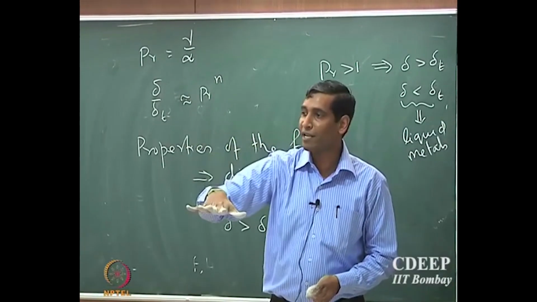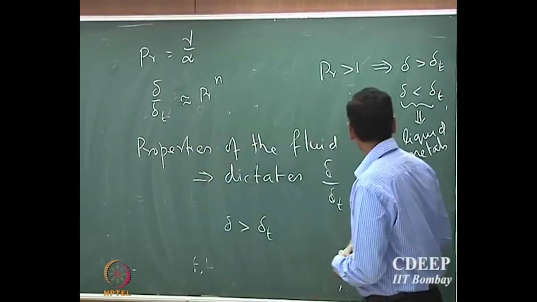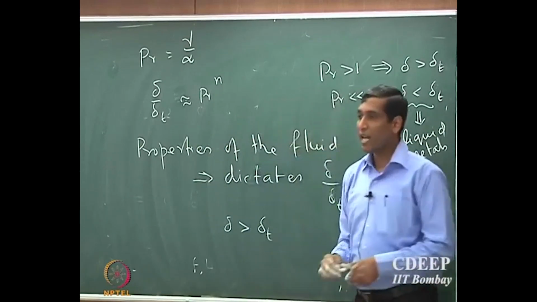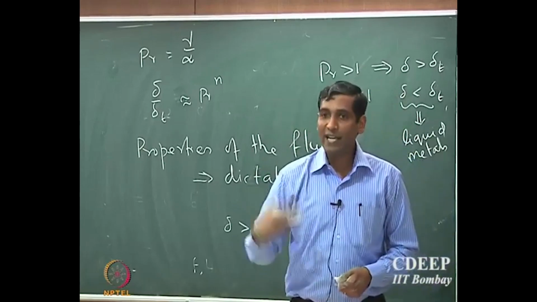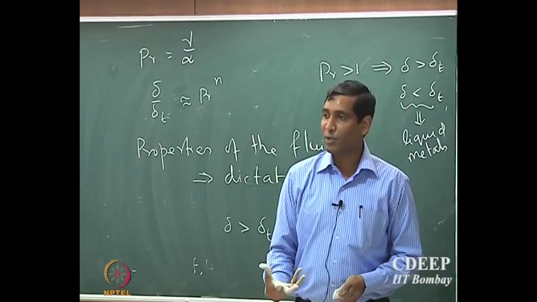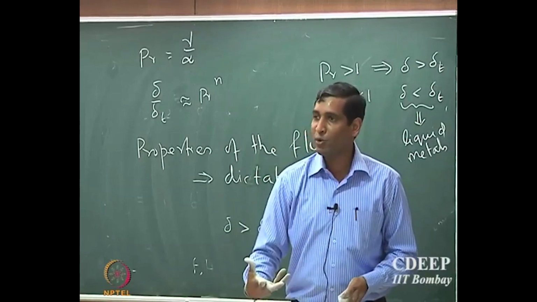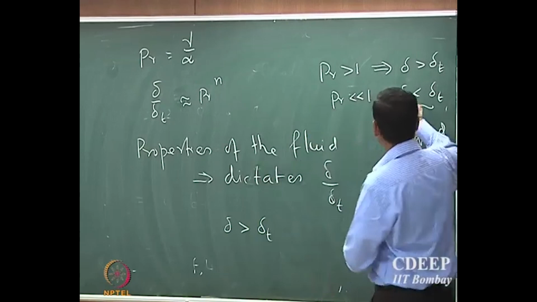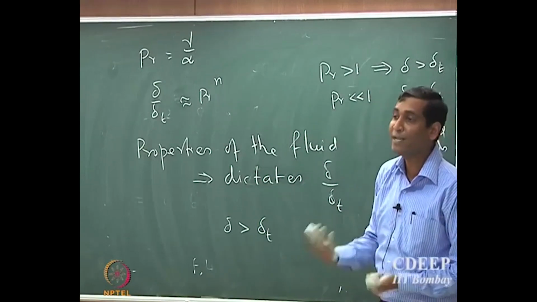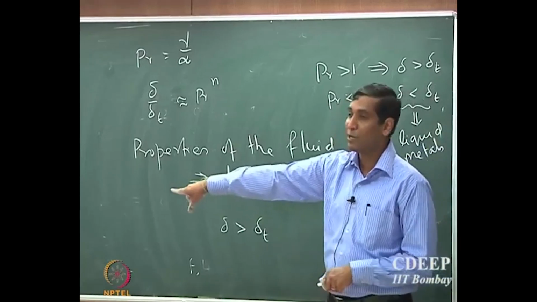So you have a liquid metal present. In those cases you will see that the Prandtl number is much smaller than 1. So there the heat transport process is completely different, because the momentum boundary layer thickness is going to be smaller than the thermal boundary layer. Therefore the heat transfer properties are completely different. In fact that's why the exponent is different.